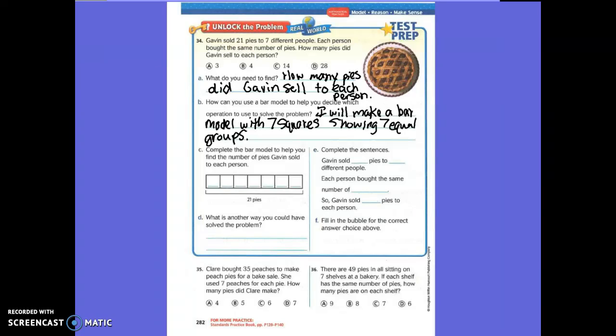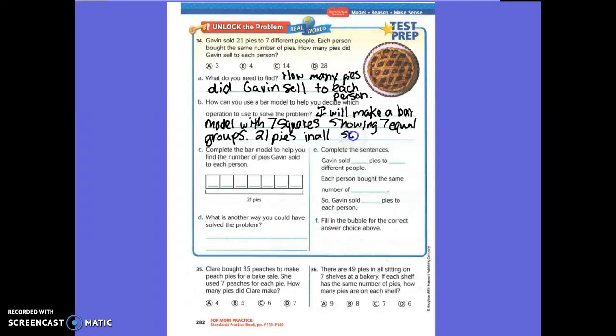Okay, so what else is on our bar model? 21 pies, and that is 21 pies all together. Okay, in all. In all, which is supposed to be 2 words. Sorry, they were too close together on my thing. In all.